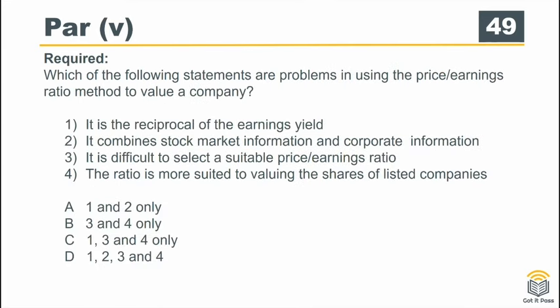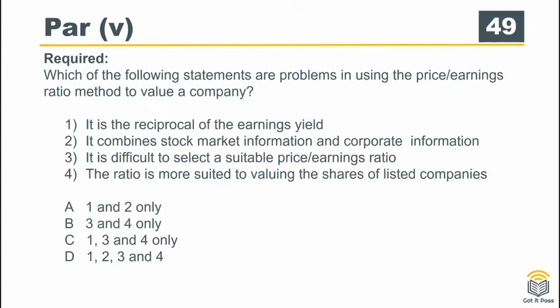For the fifth requirement, it is also a question asking you about the statements. So there's 4 statements in which you have to choose which one or all of them are correct. It says which of the following statements are problems of using the price-earnings ratio method to value a company. The first is that it is the reciprocal of the earnings yield.